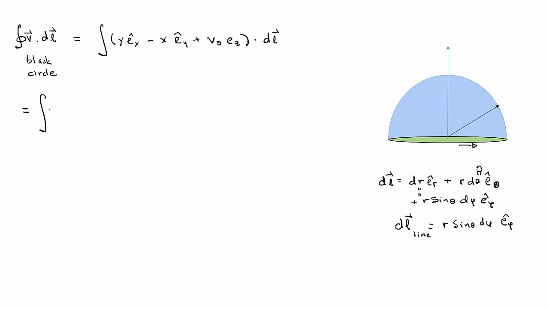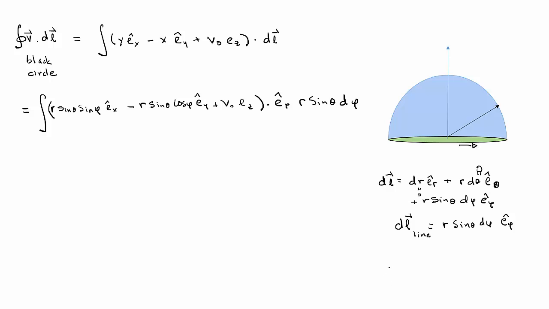So y, if you recall, is r sine theta sine phi, ex minus r sine theta cosine phi for x, ey plus v0 ez, and the whole thing dotted with e phi, and the factor here is r sine theta d phi.